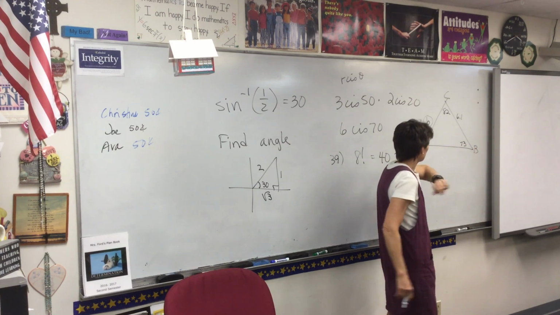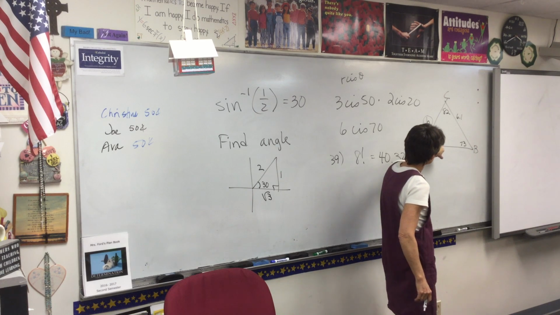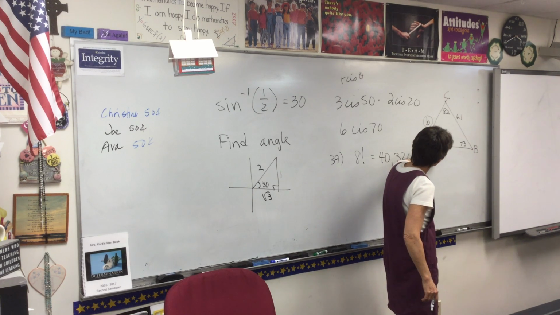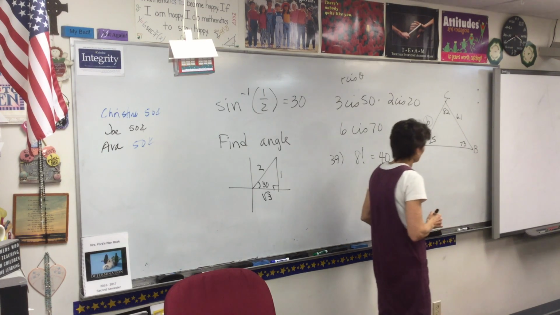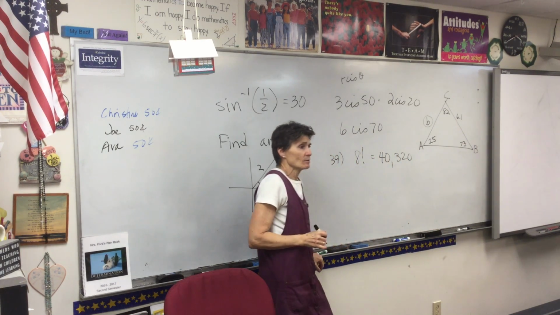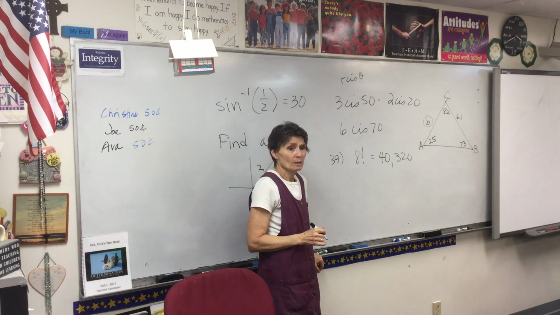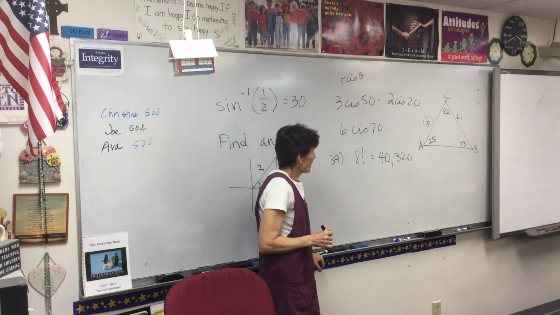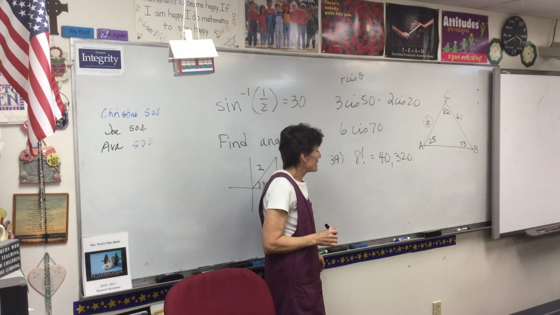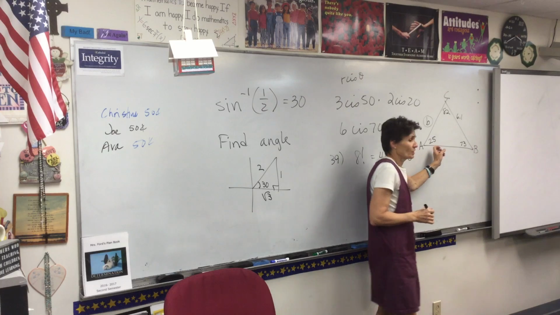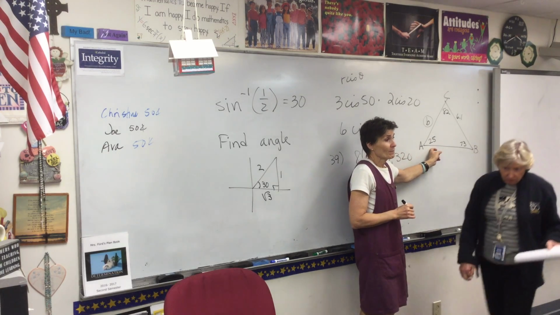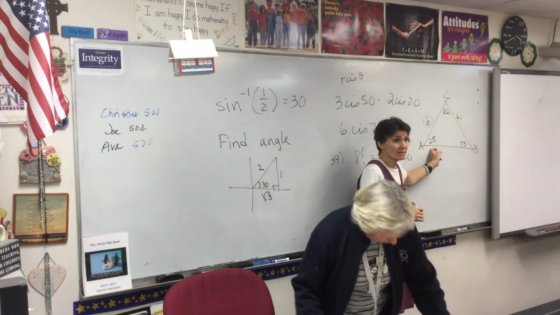Hang on, Olivia, you're exactly right. Let's find this angle first. Is that 25? Did I do that arithmetic right? We know the angles of a triangle add up to 180. So if I know two of them, I can find that third one. Now Olivia's over there talking about setting up a proportion. Does everybody remember the law of sines?